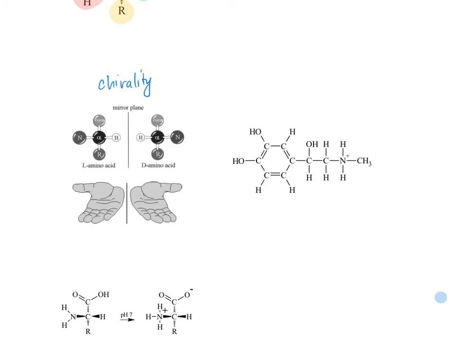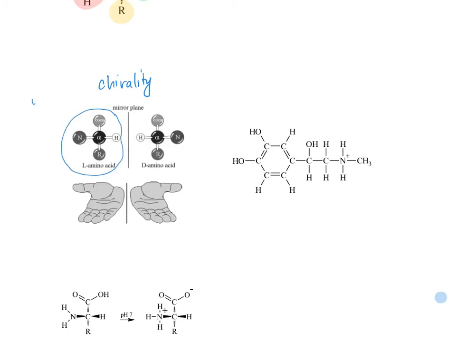And when we look at an amino acid, we can arrange those 4 groups either as an L amino acid or a D amino acid, and those are mirror images of each other, just like 2 hands are mirror images of each other.